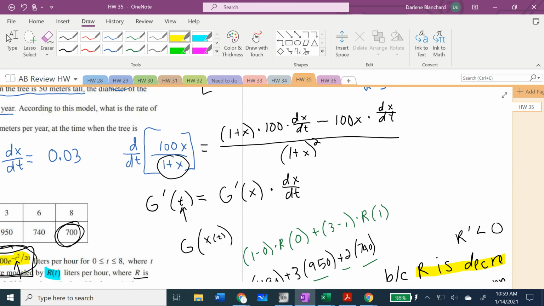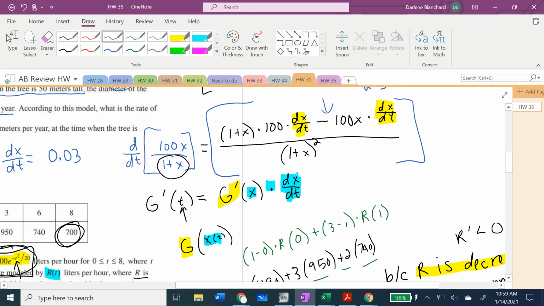When I take the derivative with the chain rule, I take the derivative of the mommy function, I take the baby function, and I give mommy her baby, and then I multiply by the derivative of that baby, x, with respect to time. And know that that is exactly the same thing as I have here, because dx dt could be factored out of this subtraction sign to be a separate g prime of x times dx dt.